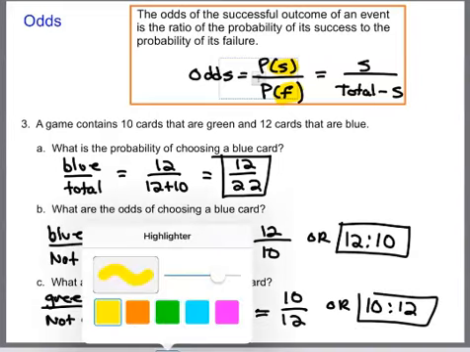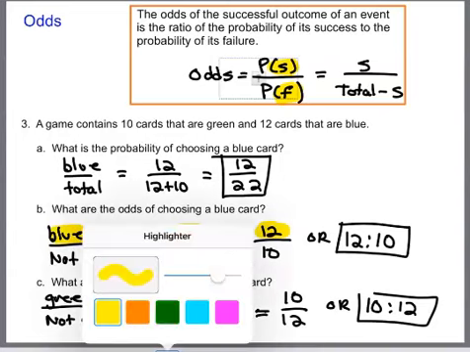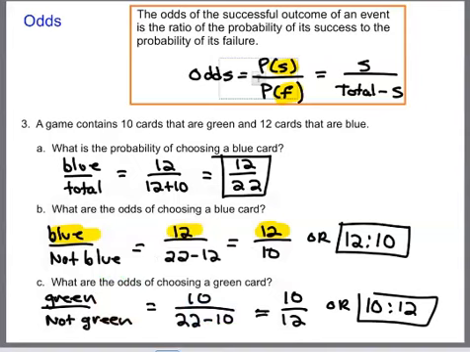Again, here we're talking about blue successes. We think of that as a success to the total minus a success. The total is 22. We minus the successes, we get 10. So same here, total minus the ones that are green are the ones that are not green.